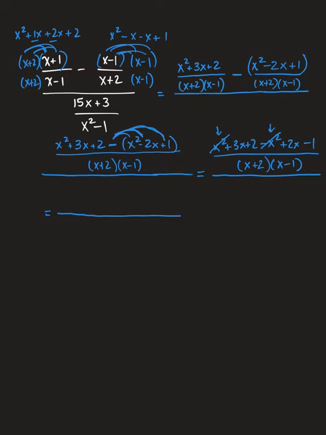We're going to have a 3x plus a 2x. I know that will be 5x. And then we are going to have a positive 2, take away a 1, and so that will be plus 1. And that's still over our common denominator, which was x plus 2, x minus 1.